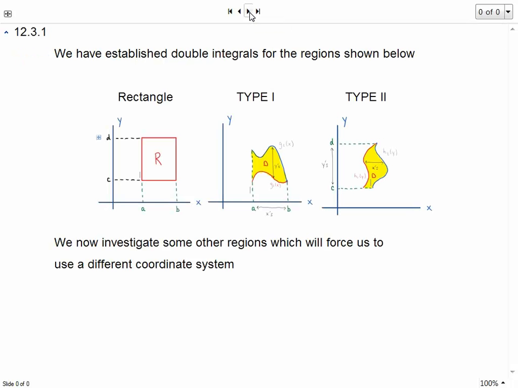So before we get there, this is a review of the 3 types of regions that we have up to this point, right? Those are the 3 types.